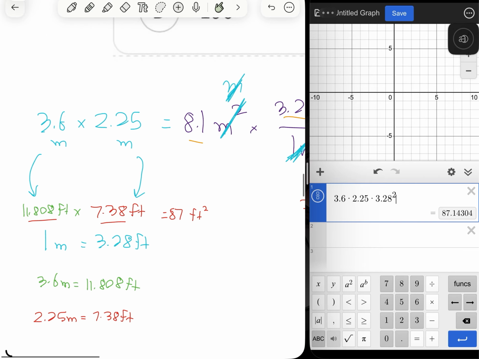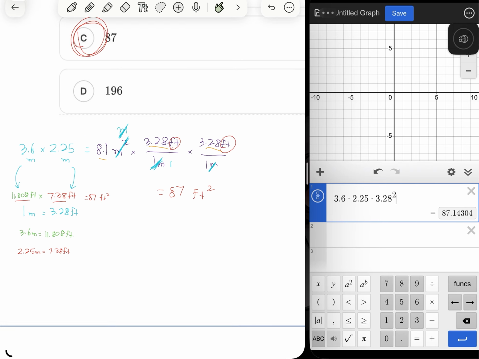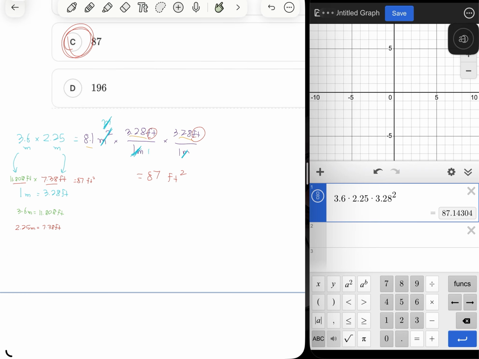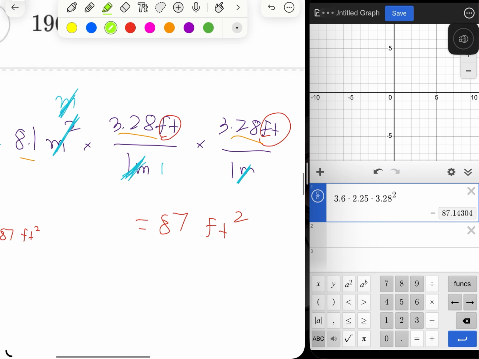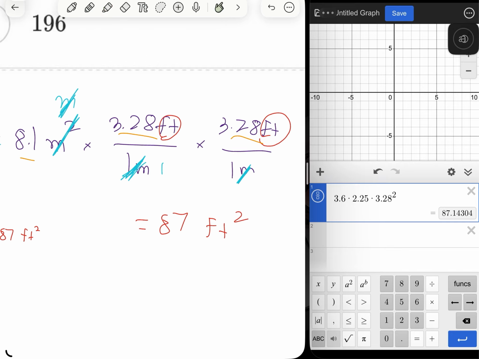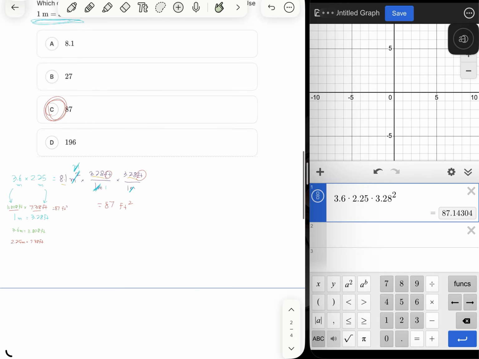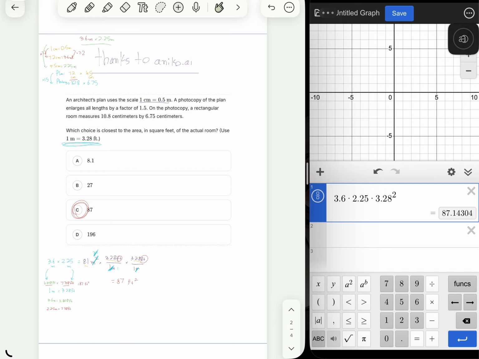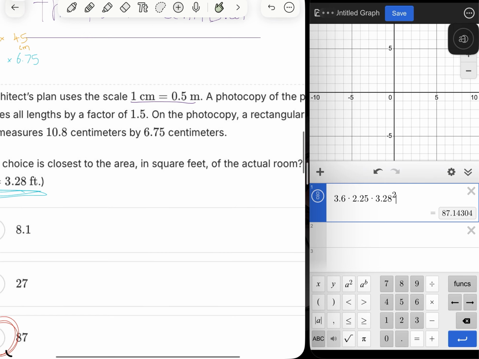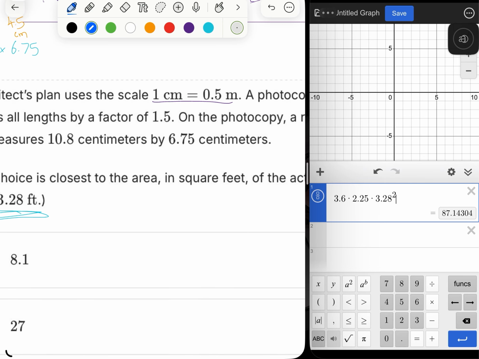You can convert each dimension into feet first, or you can right away convert the area in meters squared to feet squared, making sure that you multiply by this unit conversion 2 times, so that those units cancel out. So just as a recap, the best way to do these problems is to start from what you're given, the dimensions that you're given, and work backwards based on what you know.